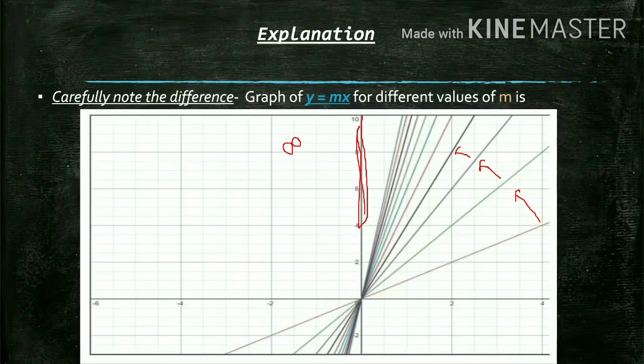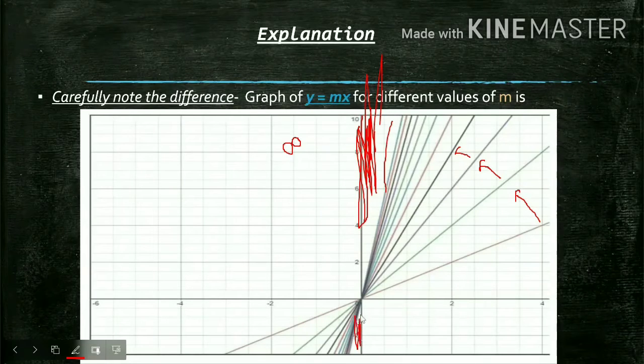It would be the straight line of this y-axis, going more and more closer to this y-axis, and downward like this, more and more closer to this. So this is the graph that goes like this if I just increase the value of m.